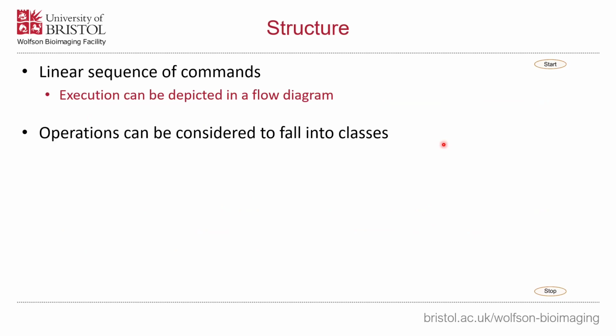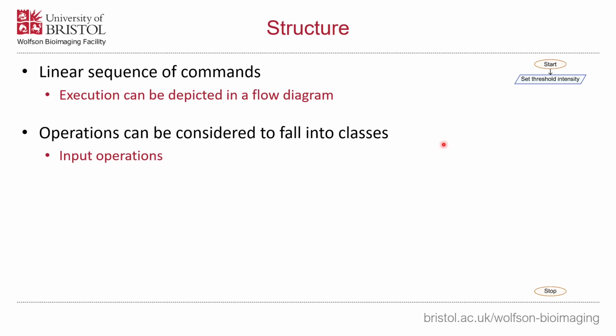You can kind of imagine the structure of a macro like this flow diagram on the right hand side. On the right we're going to build it up, so we've got our start and stop nodes there. We can think of operations in this macro as falling into different categories. The first one here would be an input operation. Here we're going to assume we've already got our image loaded, and we're going to set a threshold intensity for determining what pixels are foreground and what pixels are background.